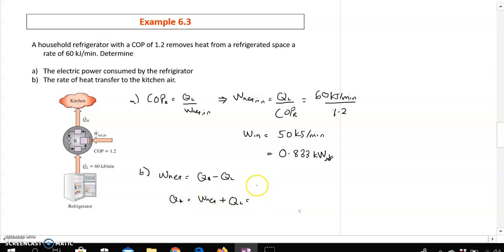Since both units are in minutes, we keep using our W net of 50 kilojoule per minute plus 60 kilojoule per minute.